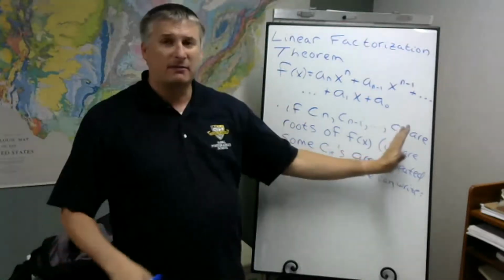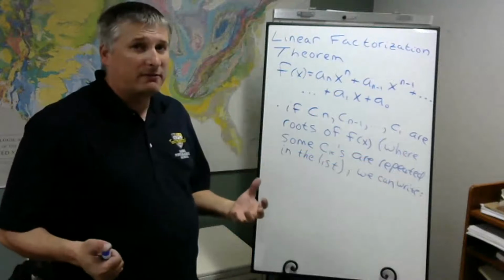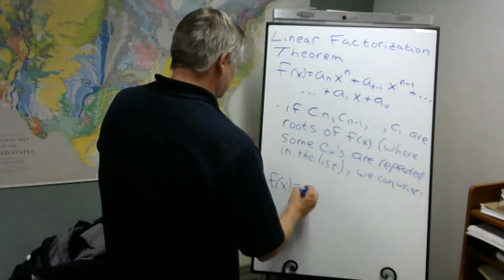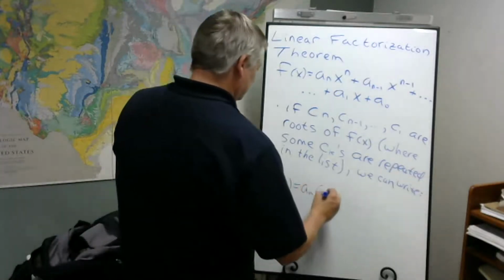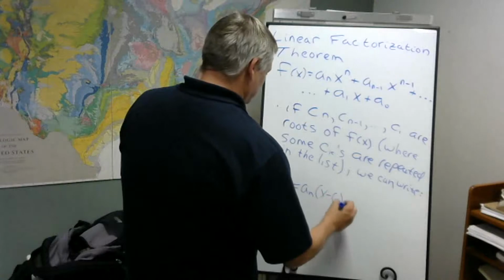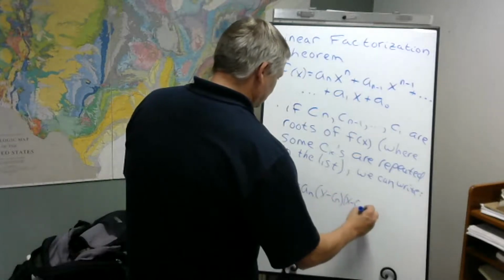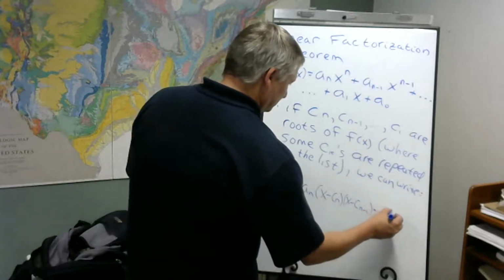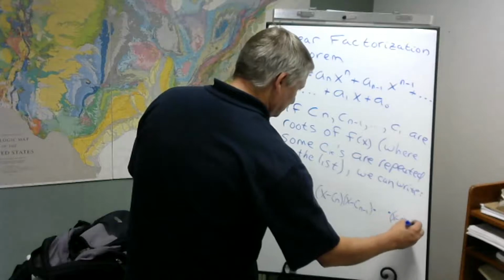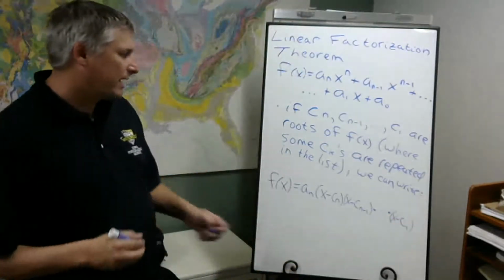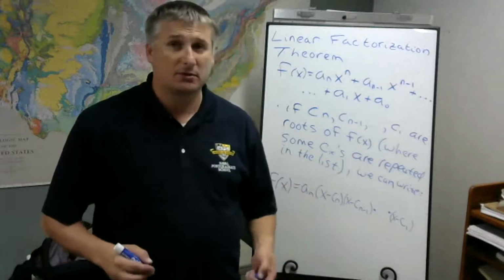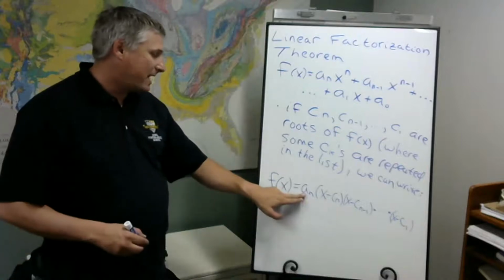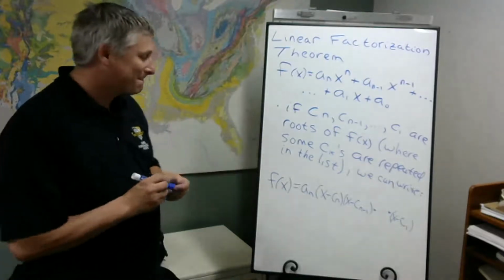So if we know the roots of f(x), we can rewrite f(x) like this. We can write it as a product of these factors made from those roots. And then we put on the tag on the front of it, a sub n.